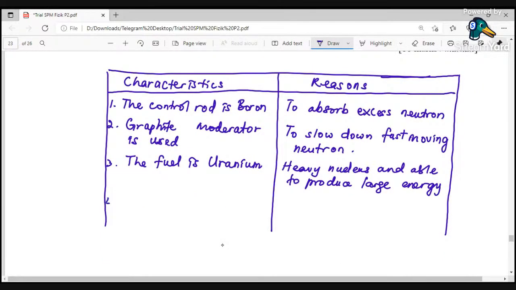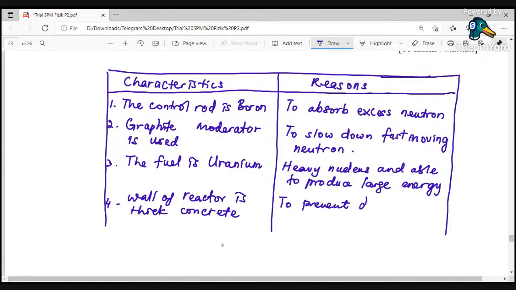Number 4. Wall of reactor is thick concrete. Okay, to prevent danger.